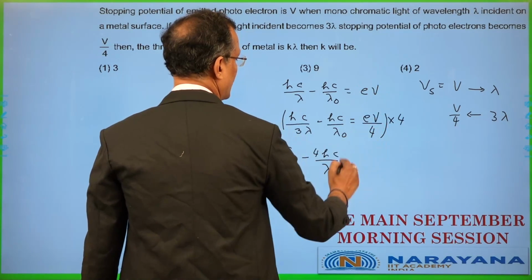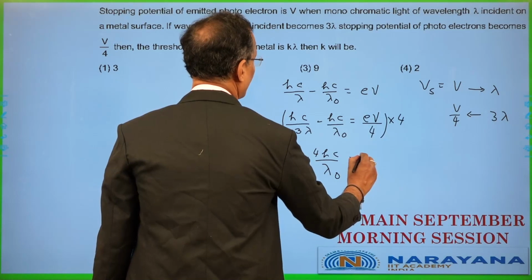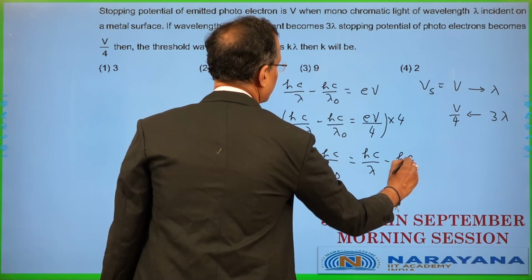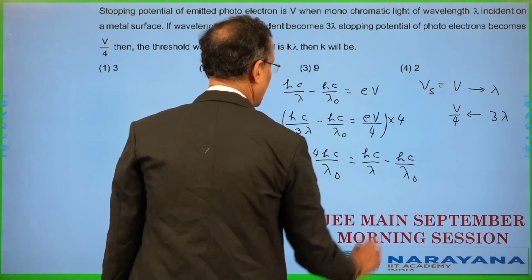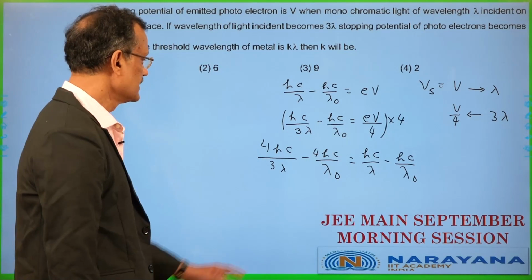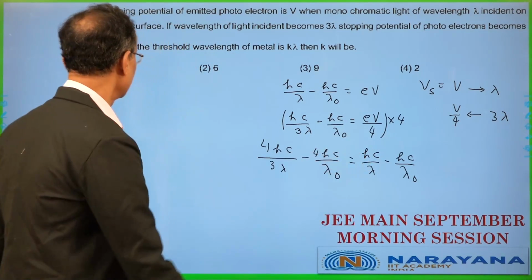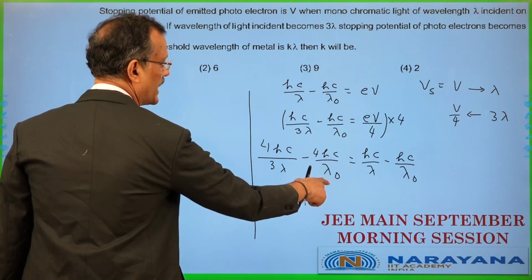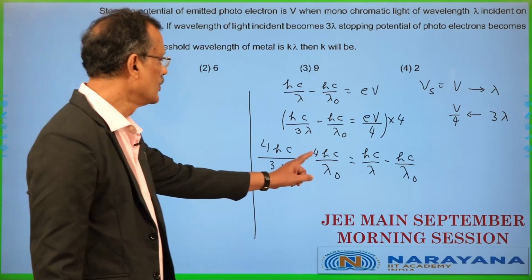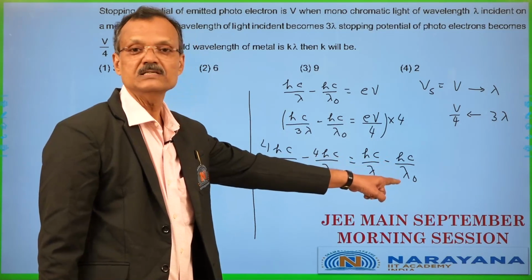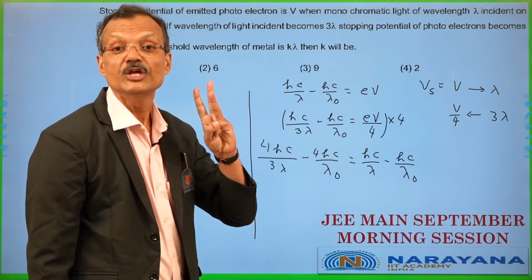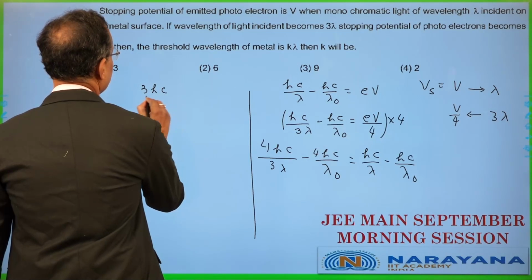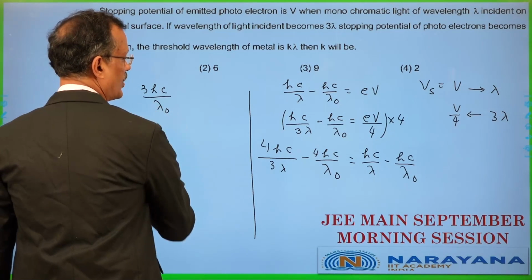This and this are equal now. This will be equal to SC by lambda minus SC by lambda naught. Transferring that side, it is 4SC by lambda naught minus 1, which means 3SC by lambda naught.